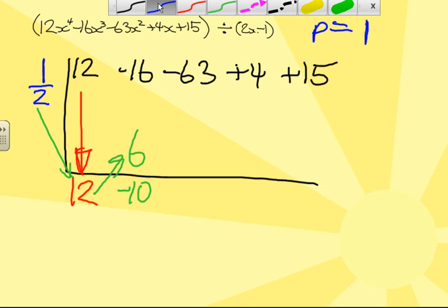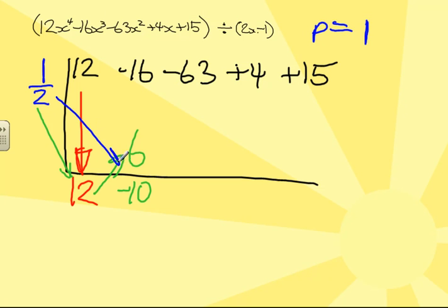We take this 1/2, times it by 10. 1/2 times 10 is negative 5. Put that answer up here. Negative 63 and negative 5 give me negative 68. Okay, so far so good.